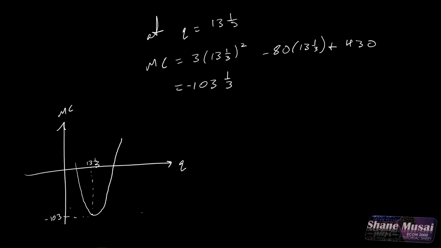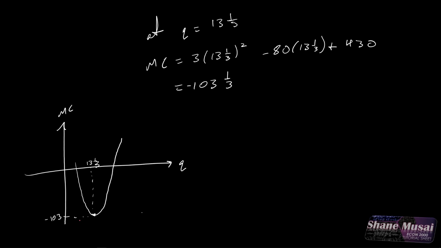So if you look at the small graph right here, the quantity where marginal cost would be a minimum is q equals 13 and a third, and at that value, the marginal cost would be negative 103 and a third. Therefore, negative 103 and a third is the minimum marginal cost.